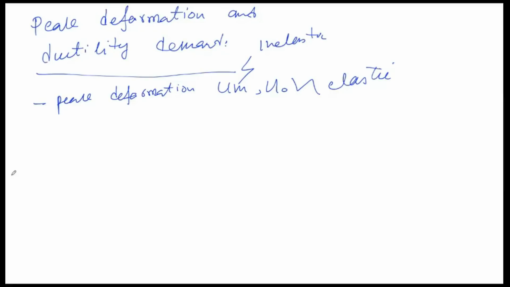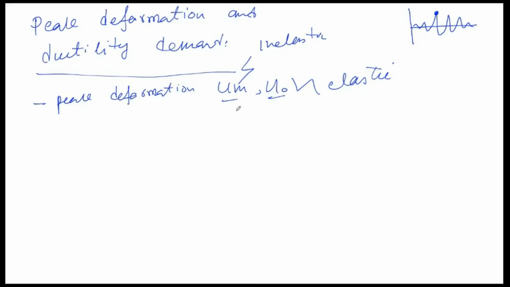So um and u naught are basically obtained from the response histories of the behavior. For example, you look at the displacement response of the system, something like this, and then you pick that, this is the peak deformation. If it is elastic behavior, you get u naught. If it is inelastic behavior, you get um.